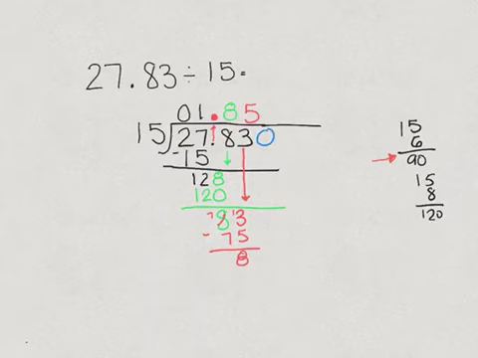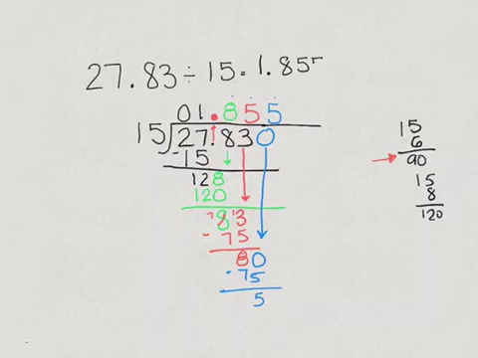So I'm going to put a 0 after my 3, and I'm going to bring it all the way down. 80 divided by 15, again, is going to give me another 5, which gives me 75. Now, because I've done tenths, hundredths, thousandths, I'm done. So my answer is 1 and 855 thousandths.